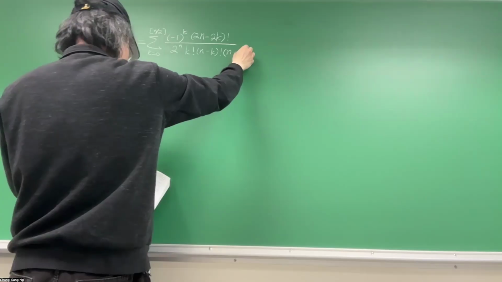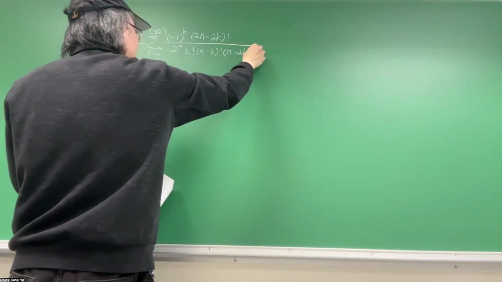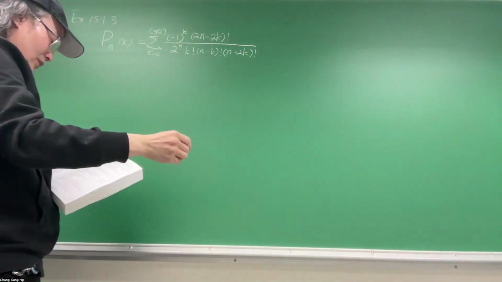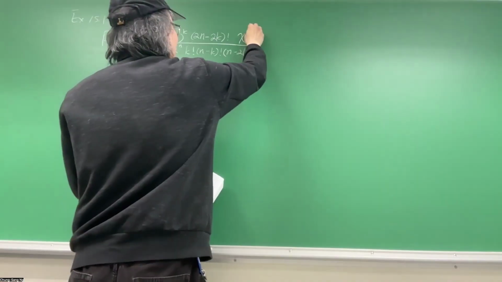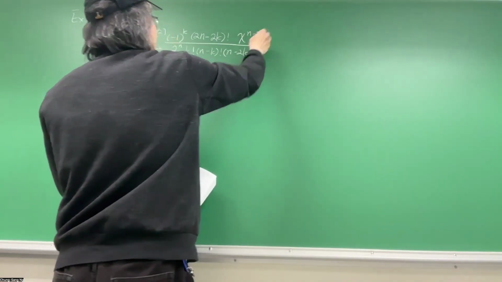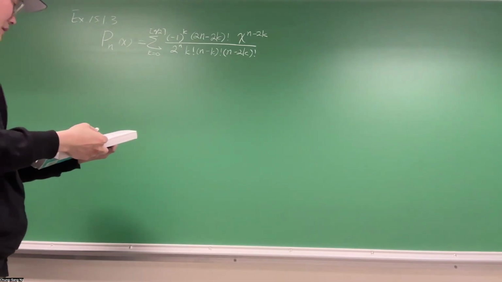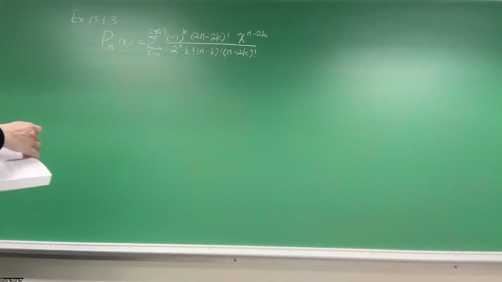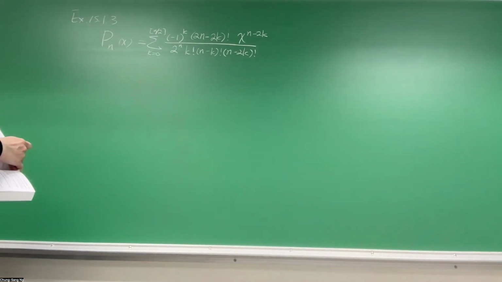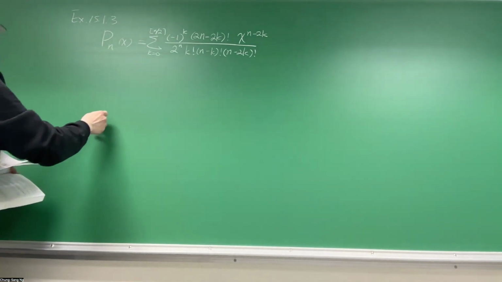If there's any error in any of these factors, then it might not work out. X to the n minus 2k. Hopefully I copied it correctly. Okay. And then the question is just to directly substitute this into the Legendre equation, which is 15.5.